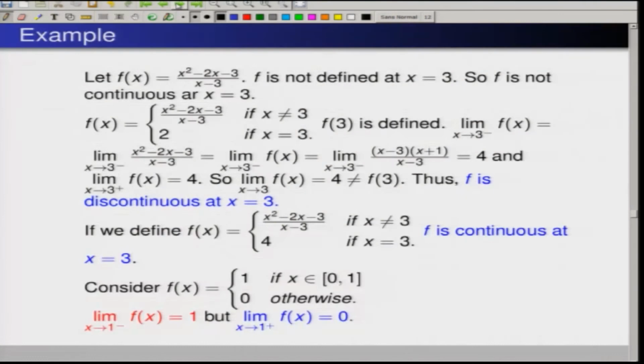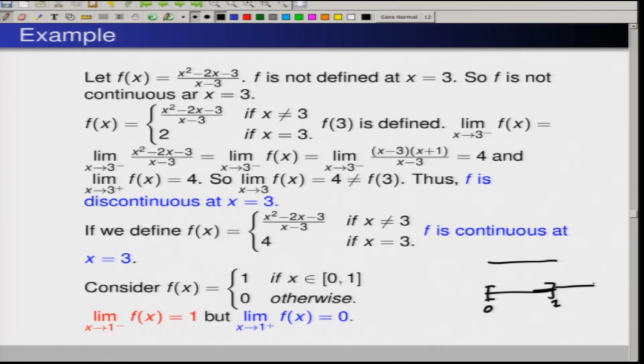Now, let us consider the function f of x equal to 1 when x belongs to the closed interval 0 1, and 0 otherwise. We have discussed this earlier. If I am going to 1 from the left hand side, this is the function, so the limit is going to be 1.